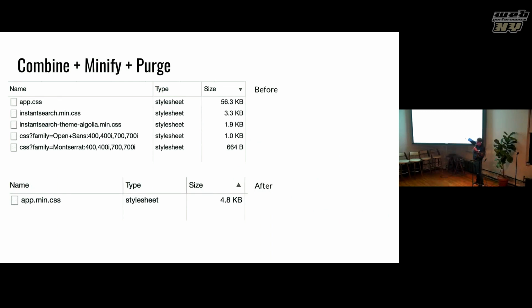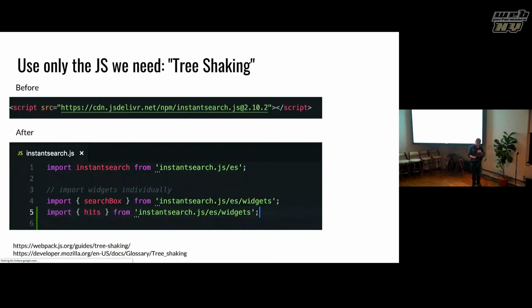I eliminated the original font family CSS by combining that into my app with Webpack. Then I went to Algolia's repo for instant search, pulled out the classes that I need, and added them to my build. After that, I went to a 4.8 kilobyte CSS file. So that was ridiculously small, and only one call.